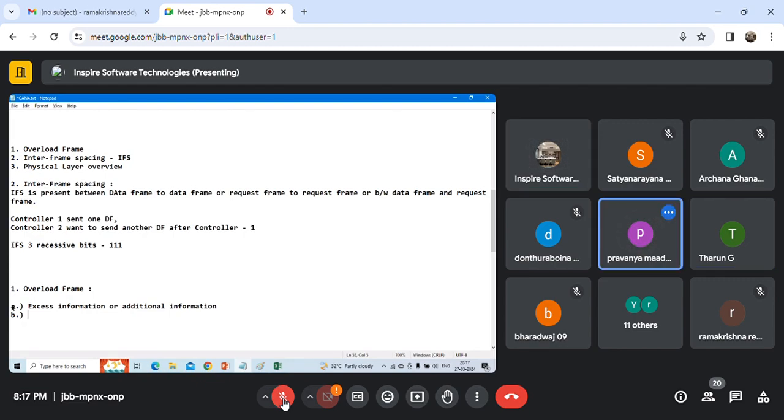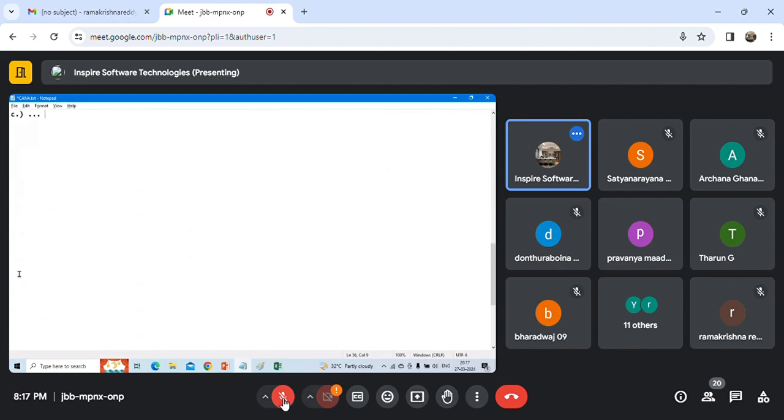More messages sending at a time. Okay. So excess information, additional information, more messages sending at a time. So it is indirectly correct. You can see it in that context.